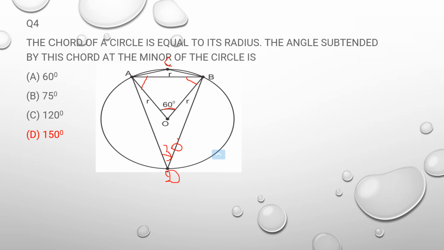And if it is 30-degree, that means this angle ACB is going to be 150-degree. How? Because ACBD is a cyclic quadrilateral, and for a cyclic quadrilateral the opposite angles sum to 180-degree. So if this is 30, this must be 150-degree.